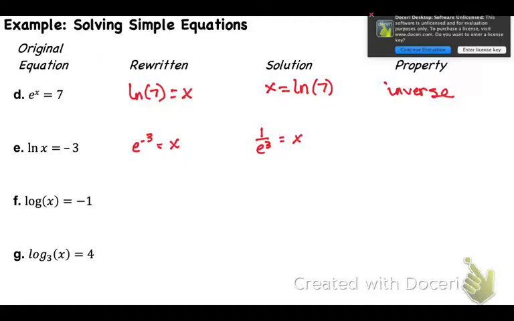And what property did we use again? Inverse. Now, you don't need to identify these, but when I ask you what property you use, should you know and be able to tell me? Yes.